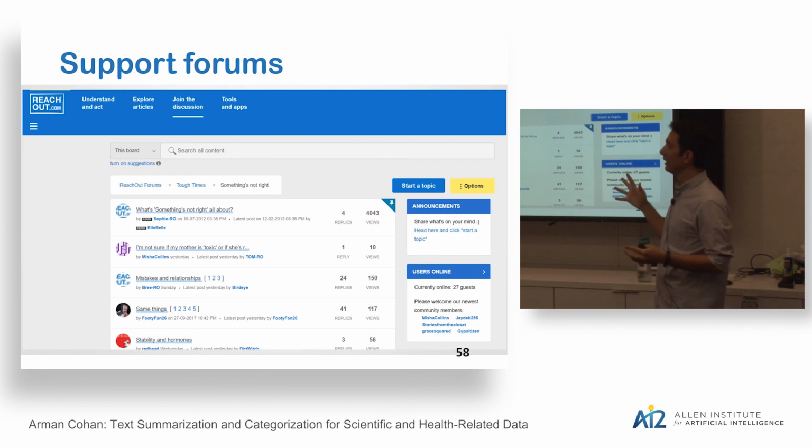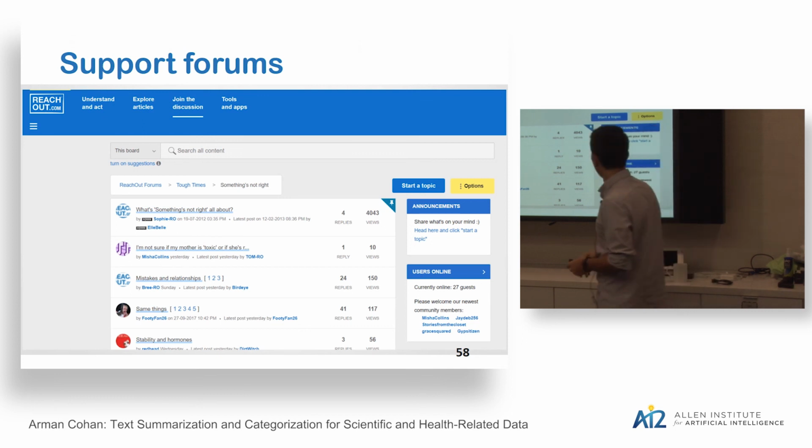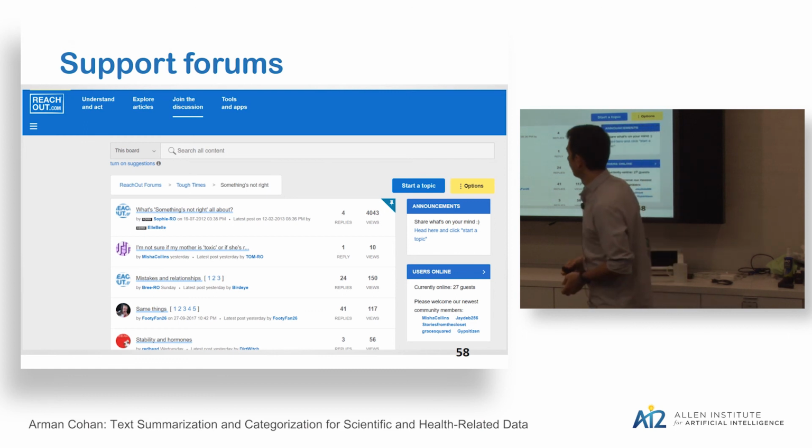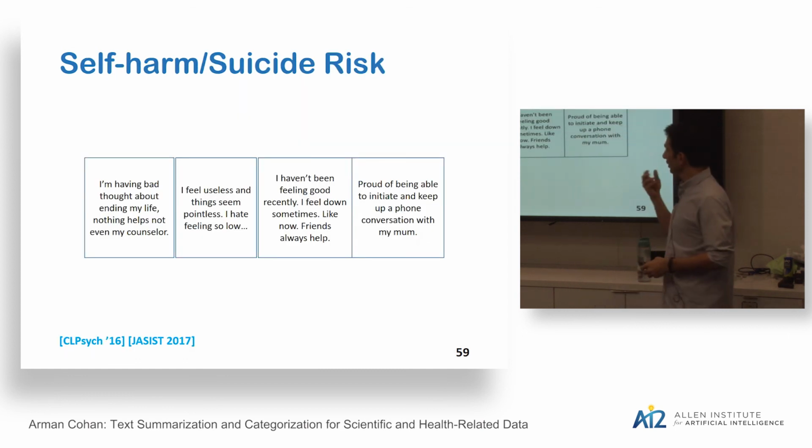They look like this. They're basically support forums that are designed for providing support for people with mental health issues. In them, there are moderators whose role is to identify users who are at risk of self-harm and talk to them and provide support. If you look at the posts in this kind of forum, you will see that they look like this. On the left side, for example, I'm having bad thoughts about ending my life.